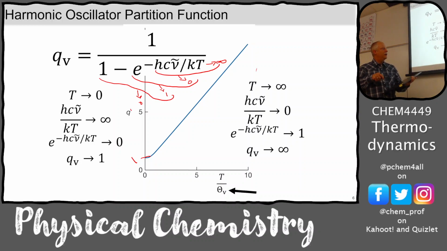This is just showing a temperature scale, but it's divided by the vibrational temperature. So this is the behavior for any vibrational mode that's a harmonic oscillator. If you have a CH stretch or a carbonyl stretch or any of those kinds of stretches, whatever that vibrational temperature is, this is what it looks like when temperature goes to 0. When temperature is 5 times that vibration, when temperature is 10 times that vibration, it just looks like a nice linear line as it goes up.